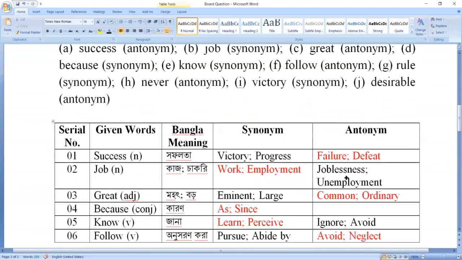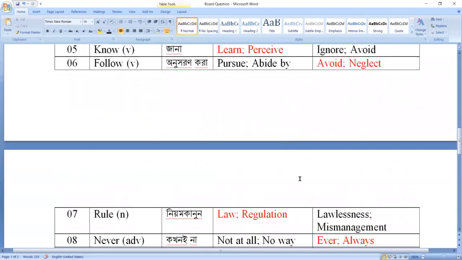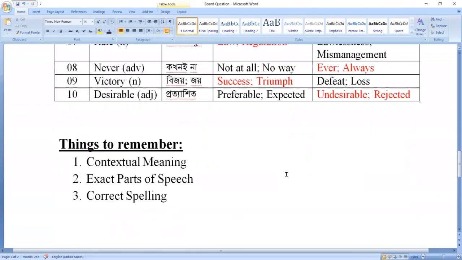So in this way, we have to find out the meaning of that particular word and also the parts of speech of the word, and accordingly we have to write down the antonym or synonym which we will be asked to write. Okay, so dear students, I think you have understood what you need to do.